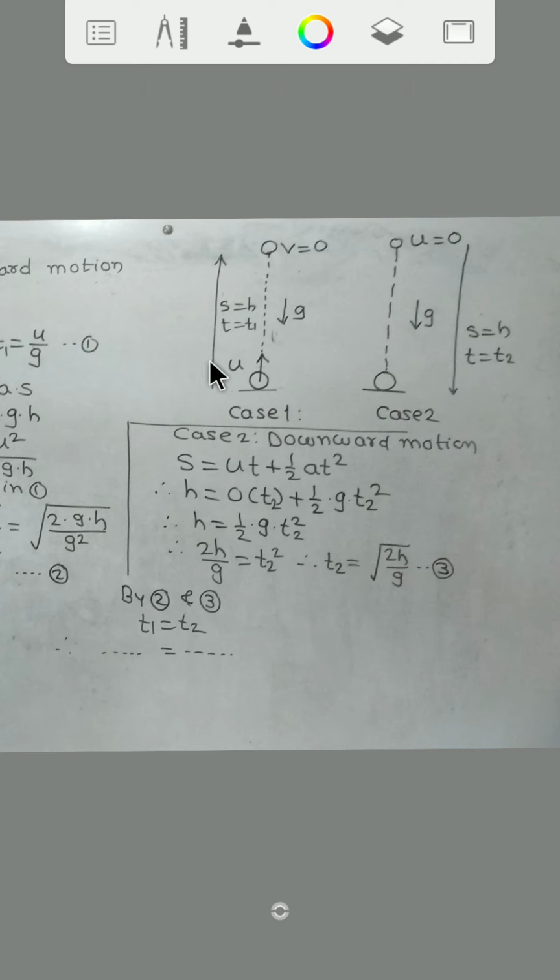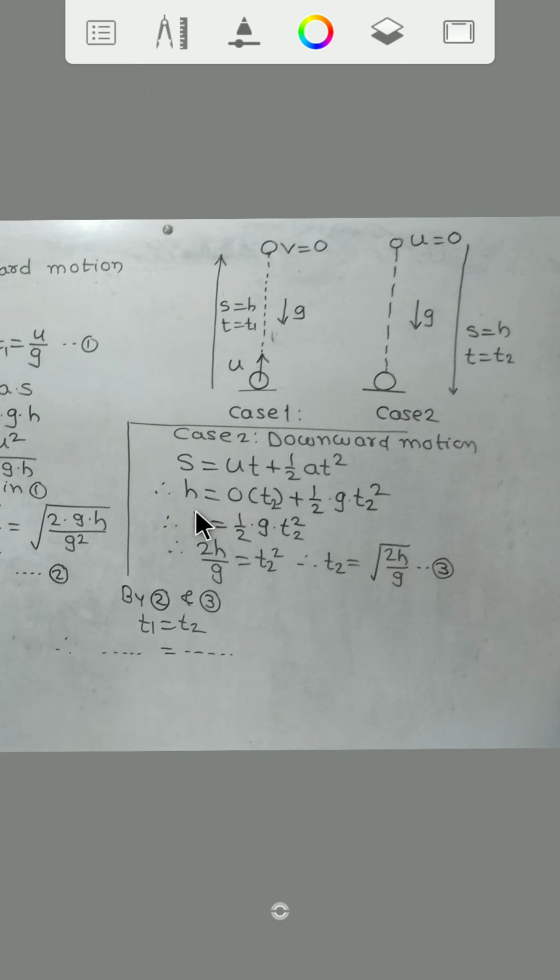Remember, in the upward motion, initial velocity is not 0, but the final velocity is 0. During the downward motion, initial velocity is 0, so put u = 0. a = +g, because in this case motion is downward and acceleration due to gravity is also downwards.